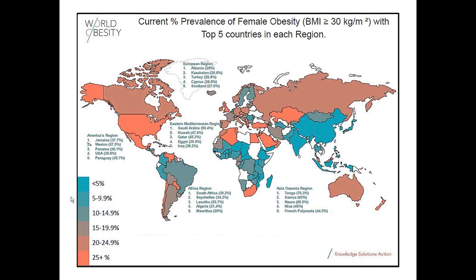When looking at females, we may drop to number 4 in the region, but the actual percentage of females who are classified as obese has risen to 35.8%. So in 2008, worldwide, 1.4 billion individuals were classified as overweight or obese.